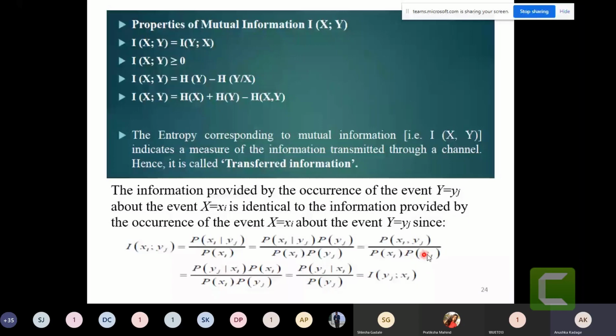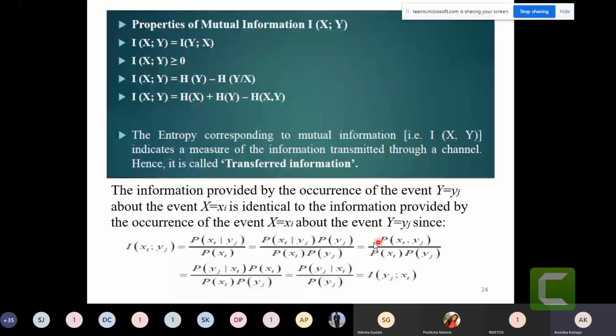But now what I am going to associate here for this particular case is the representation of this joint probability as P of yj divided by xi into P of xi, because this multiplication also results in the joint probability value. The denominator we are keeping as it is.